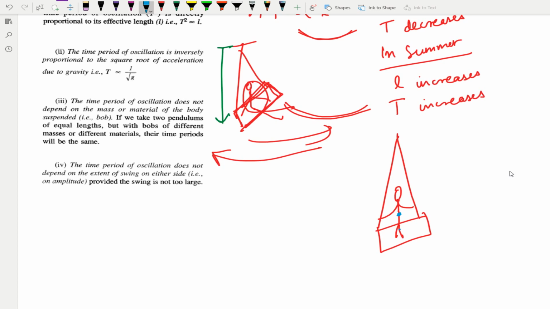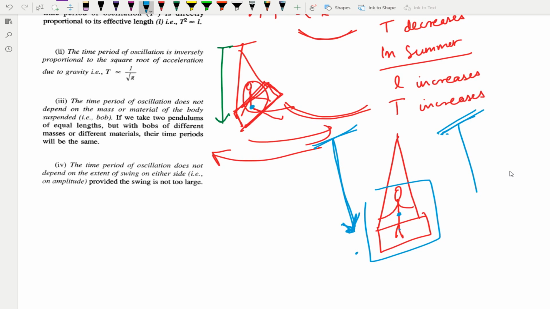Earlier it was over here, now it is here. So the combination of you and the plank has its center of mass shifted over here, and the effective length now becomes from the support till here. Earlier it was from the support till this end.